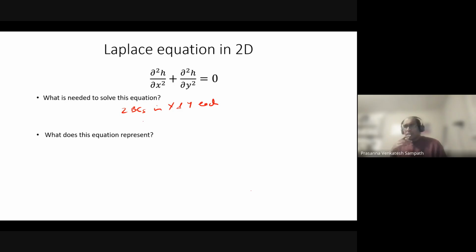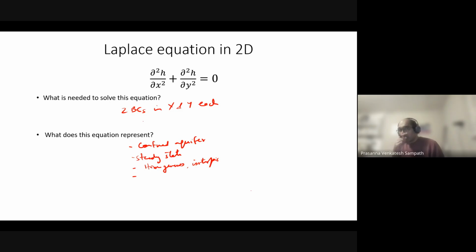What does this equation represent? This equation represents a confined aquifer at steady state. And the aquifer is homogeneous and isotropic. What else does this equation represent? There's one more.